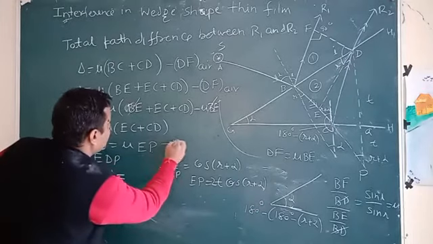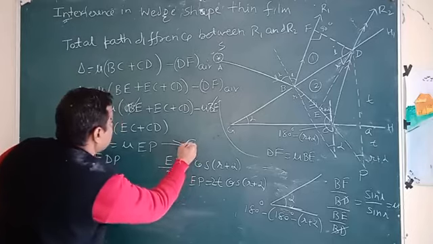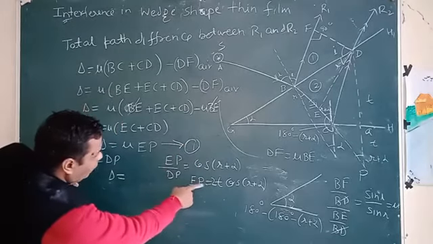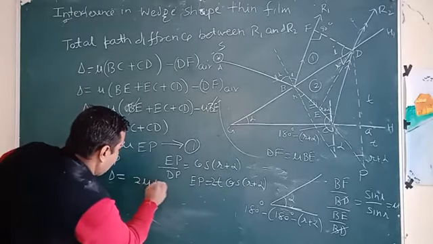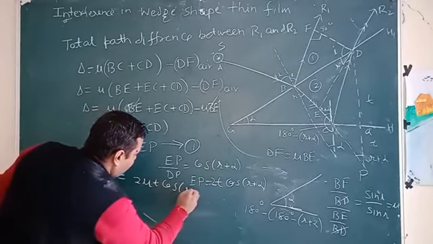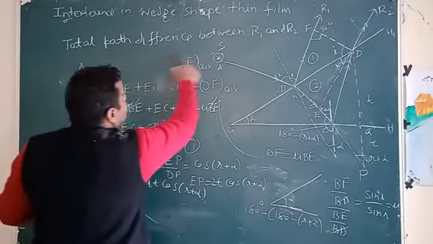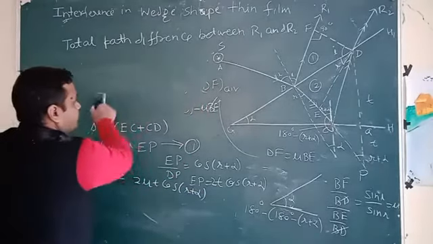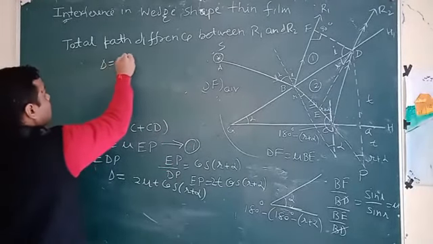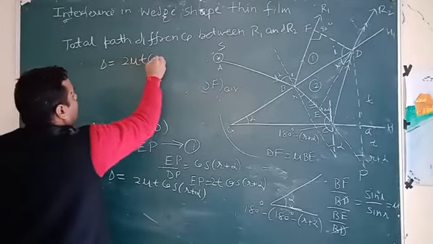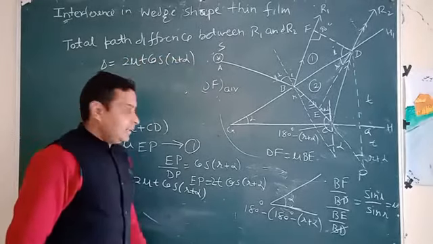So here from this equation 1, the delta is basically 2 mu t cos(R plus alpha). So the total path difference delta is 2 mu t cos(R plus alpha). Understand?